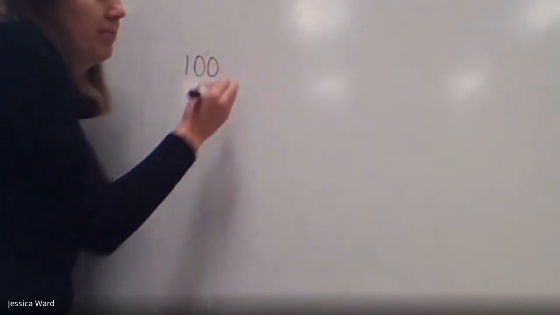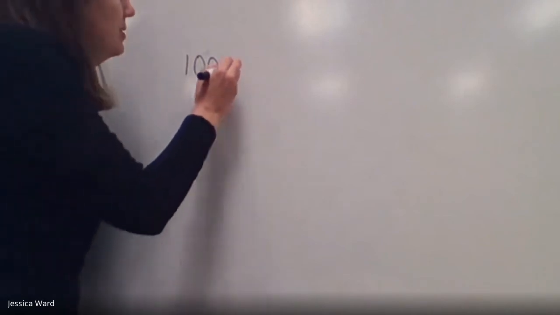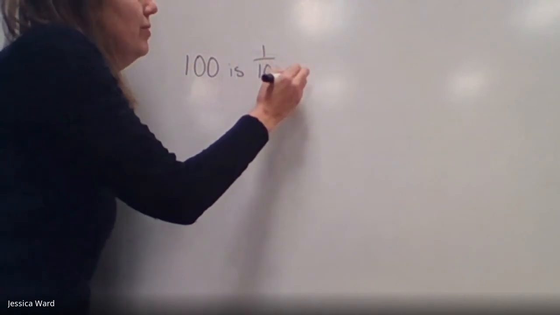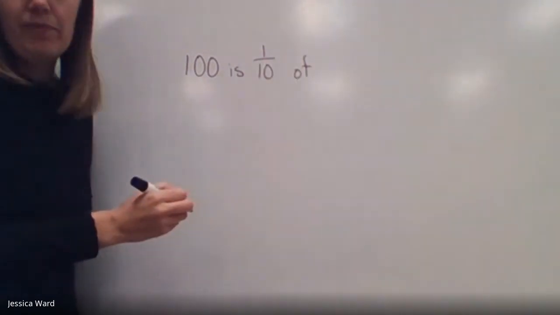All right. Now that you've completed those problems, let's go ahead and look at them. Number 3 says write the missing number in each sentence below the base 10 model to show how many ones, tens, hundreds, and thousands are related. So first we have thousands, and then in hundreds, we have 100 is 1/10 of blank.